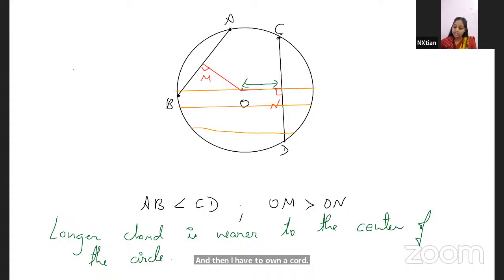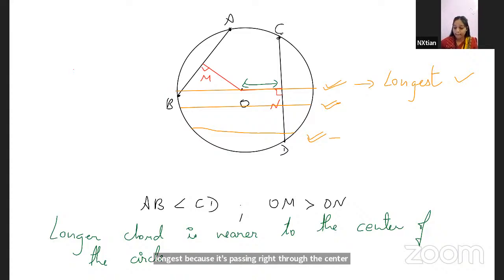So this is the shortest, because it is the furthest away from the center point. This is slightly longer, because it is a little closer. And this one is the longest, because it's passing right through the center.